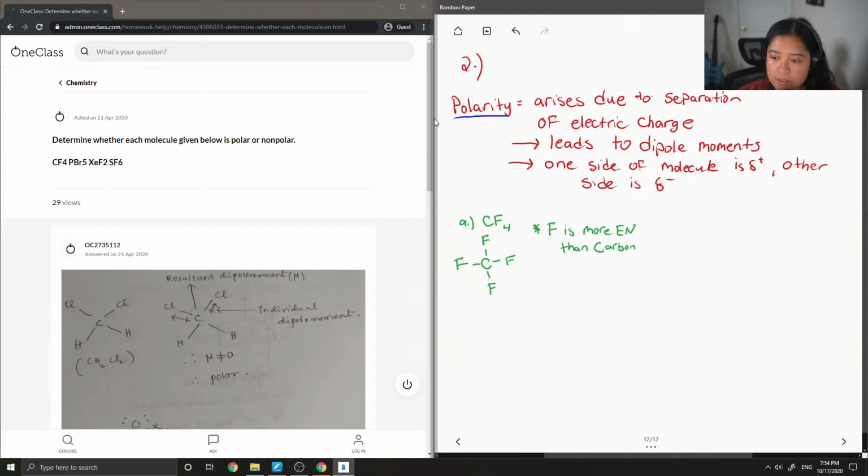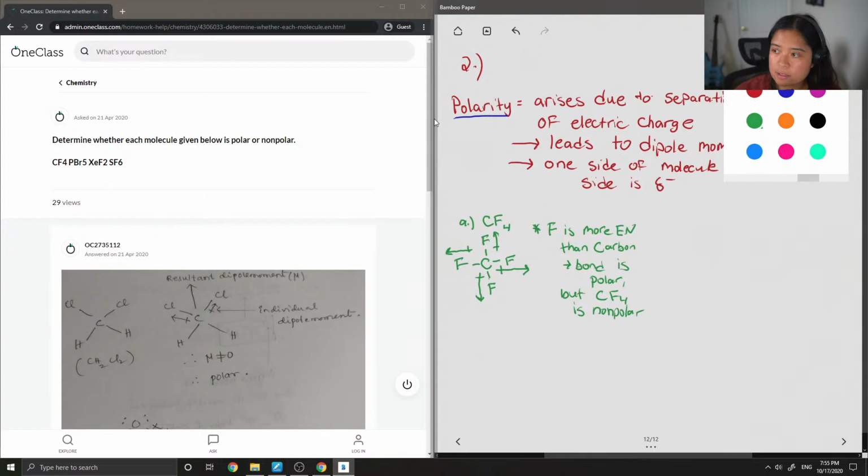So if I were to only look at the bonds on their own, you'll see that since fluorine is more electronegative, the dipole moment goes towards the F. So the bond is polar, but if we look at the molecule as a whole, all these fluorines cancel each other out. So the bond is polar, but the CF4 molecule is nonpolar.